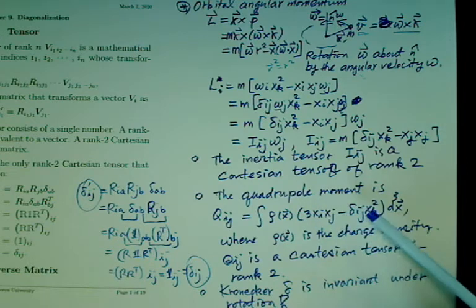This is called the electric quadrupole moment, and this is also a Cartesian tensor of rank 2. So tensor analysis is quite important, especially for the rank 2 Cartesian tensor. As far as the rank 2 Cartesian tensor is concerned, you must master this relation.